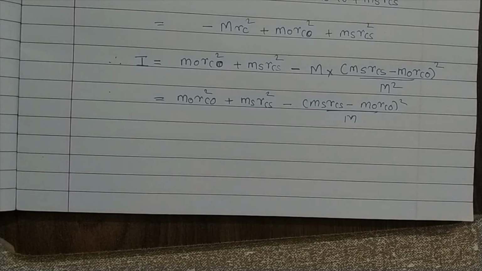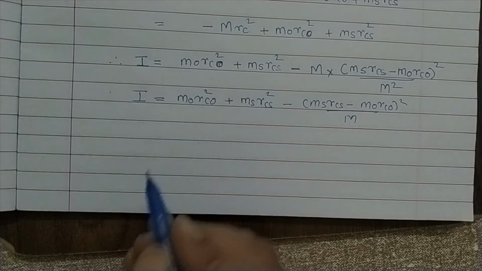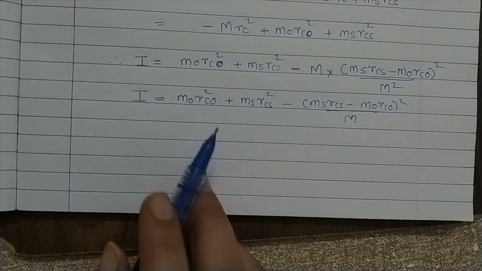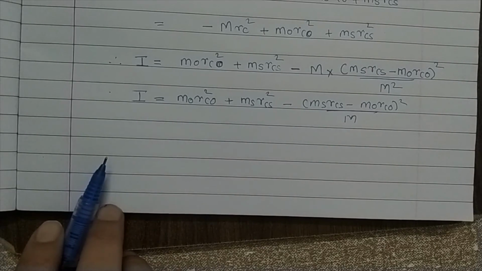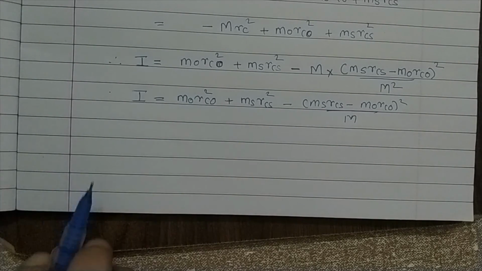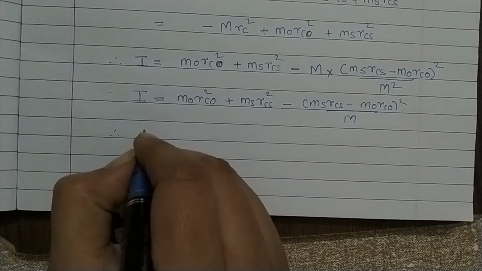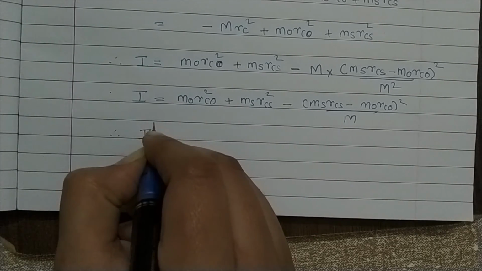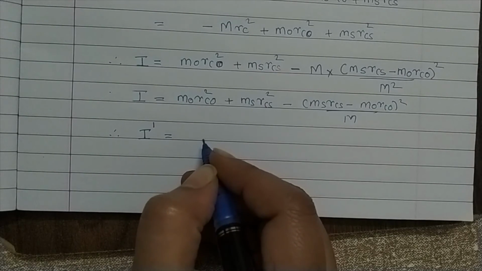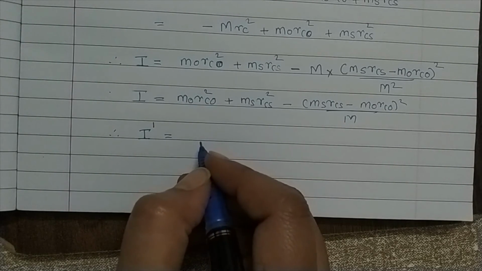Okay. The next point is, from this equation we can find out the value of moment of inertia, which depends on the two radius. But how to distribute between these two radius is that we have to do the isotopic substitution, that is I dash, where we are substituting the isotope of oxygen.